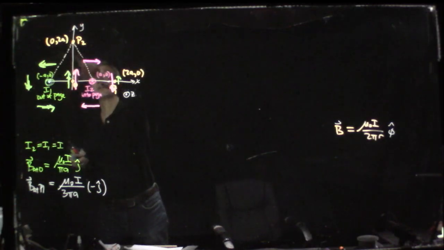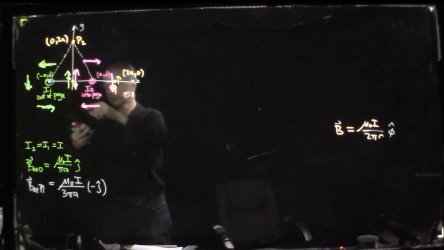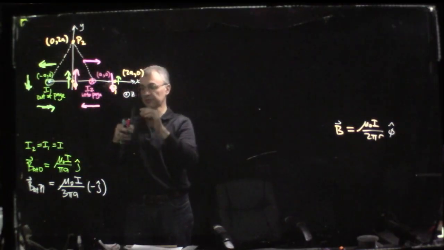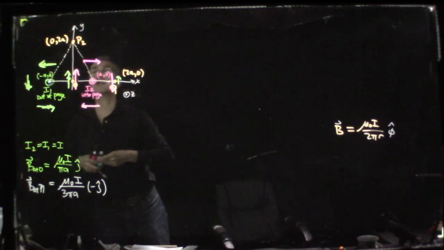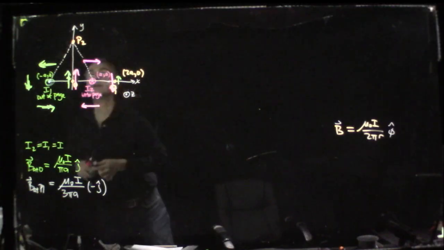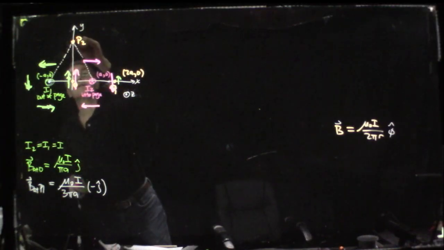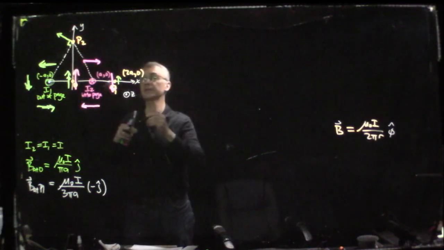So the tangent to this circle is going to be perpendicular to the radius vector of this circle. So that's going to point, let me erase this coordinate here, that's going to point this way. So there's a right angle.